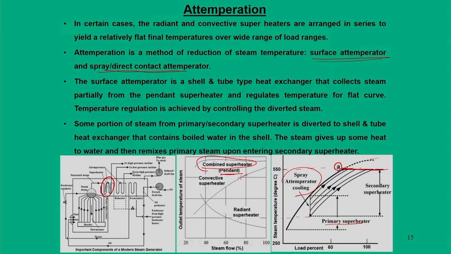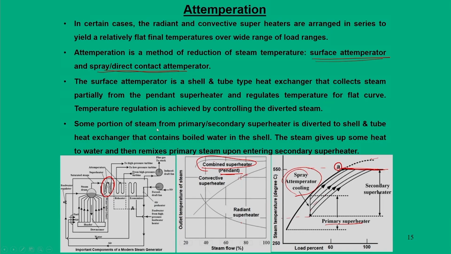And the amount of this flatness we can control by controlling the addition of the water spray mass into the main steam. And this is again another unit called a shell and tube heat exchanger that collects the steam from the pendant type superheater and regulates the temperature for a flat curve, and this temperature is achieved by controlling the diverted steam.